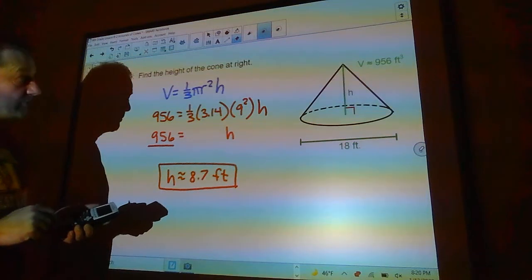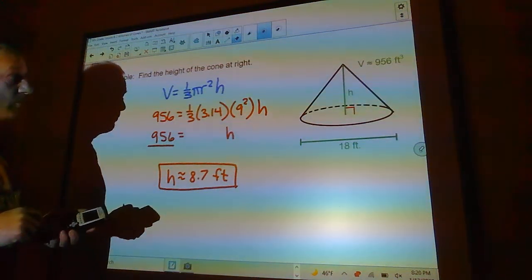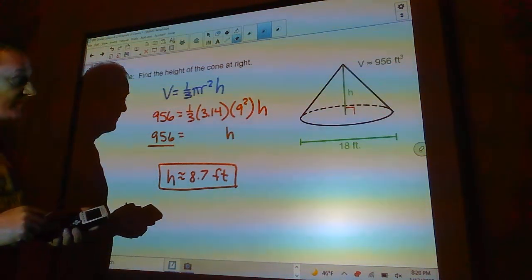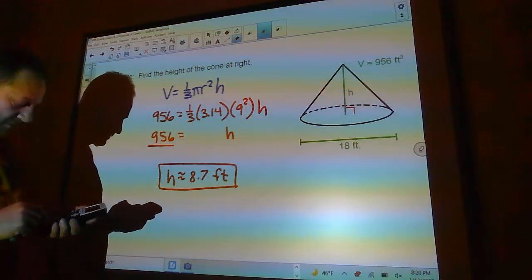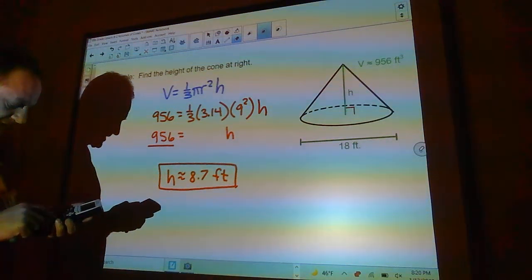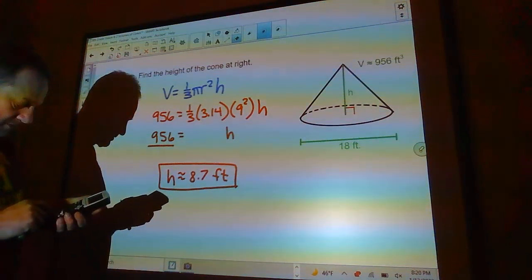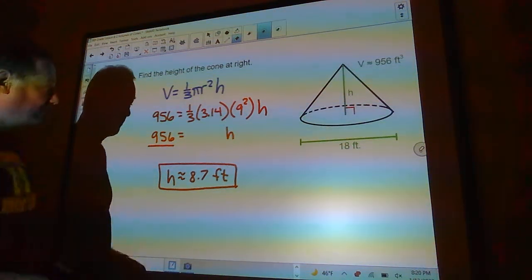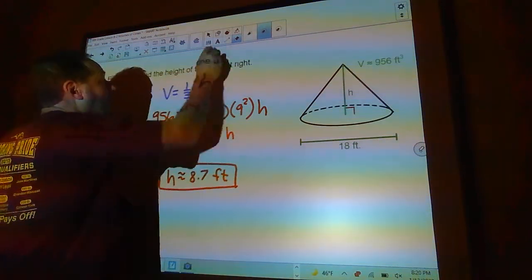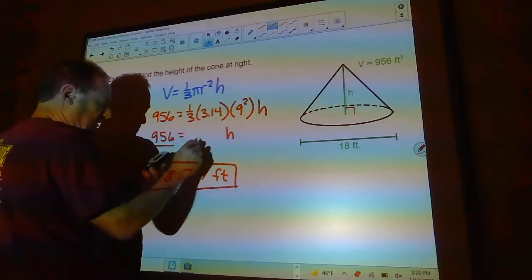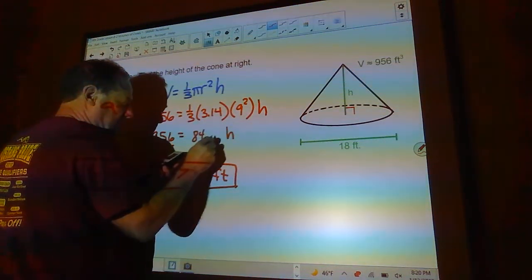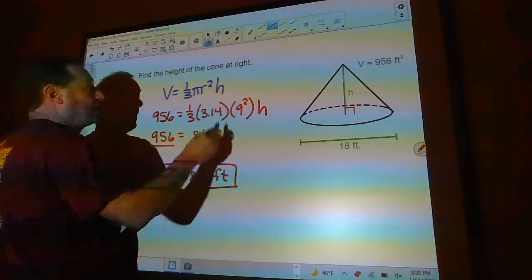So 9 squared is 81, and then 1/3 of 81 is 27 times 3.14. 84.7. Okay. I must have had something else in my calculator. This is 84.78.